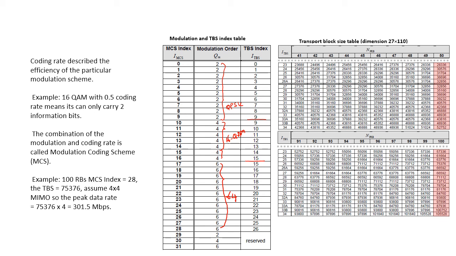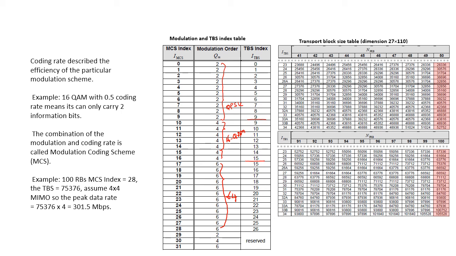For example, in our case, we have 100 resource blocks. The maximum that we can have is MCS index equal to 28. So what is the TBS? Let's have a look. The TBS index is 26.